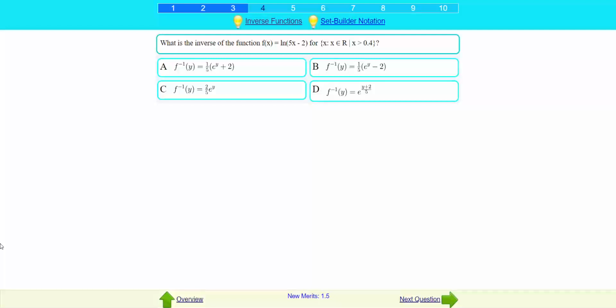Now, we know that the domain is x is greater than or equal to 0.4, right? In order for us to get the domain, in the choices there is no domain over there.